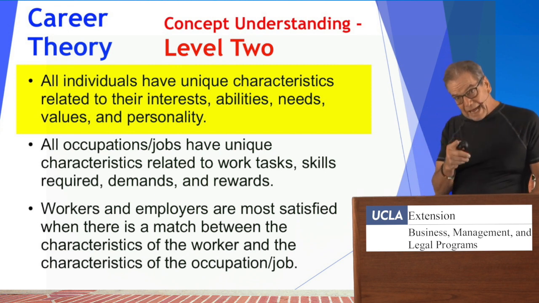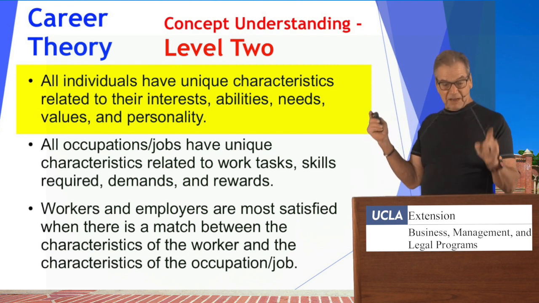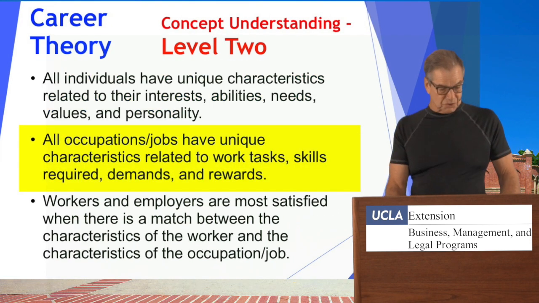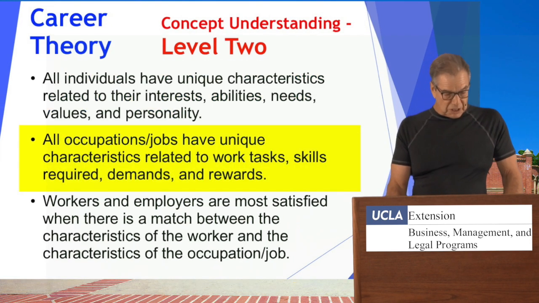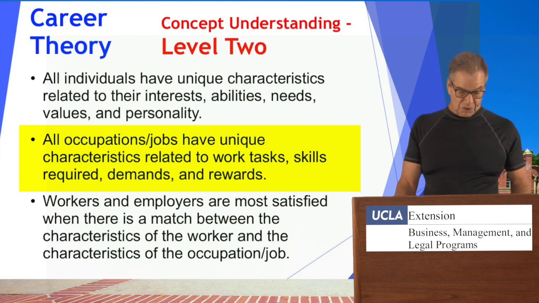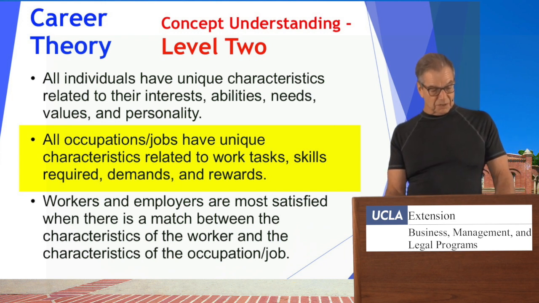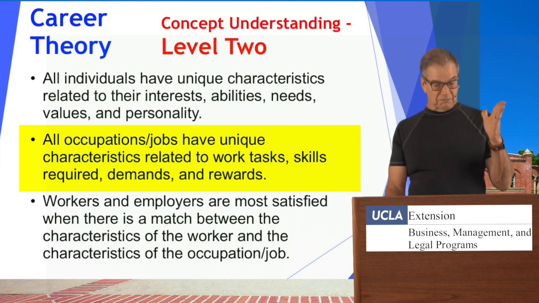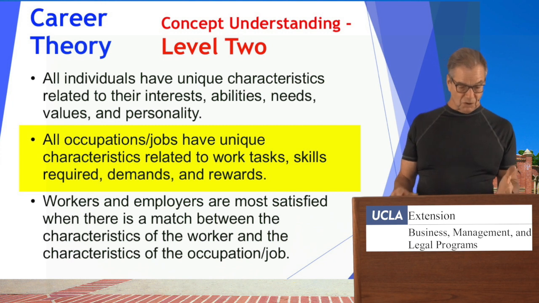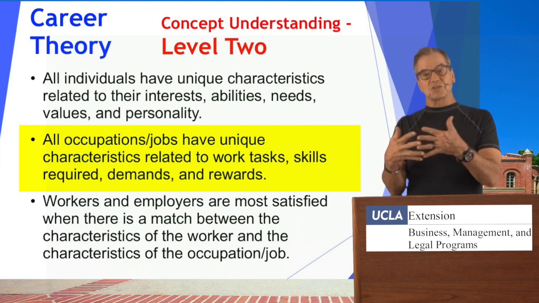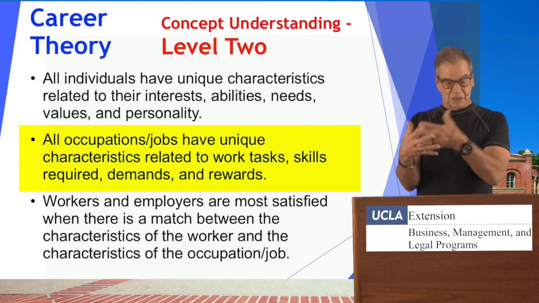Now, all occupations and jobs have unique characteristics related to work tasks, skills required, demands, and rewards. So if all individuals have unique characteristics and all jobs have unique skills and characteristics, now it's just a matter of figuring out the two and putting them together.